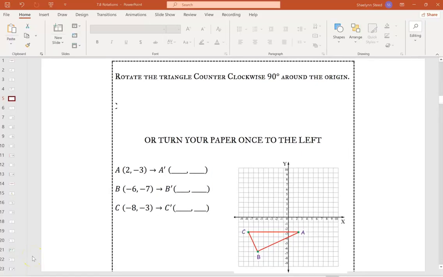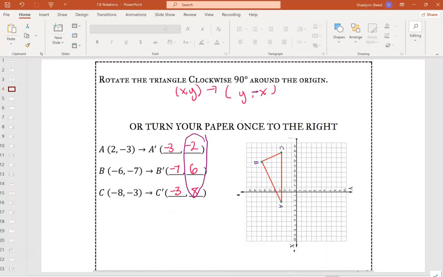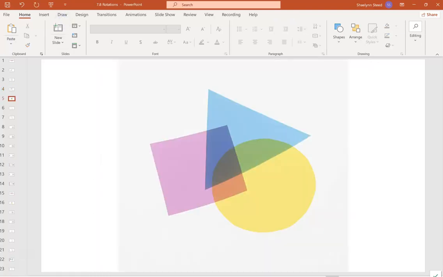Alright, so if we're going to turn our paper counterclockwise, so to the left, this way, 90 degrees. Now we're going to write these new points. Oh, we forgot to go back. Ha! Just kidding, we should go back here. So we should turn it back to normal, and then let's plot these new points.